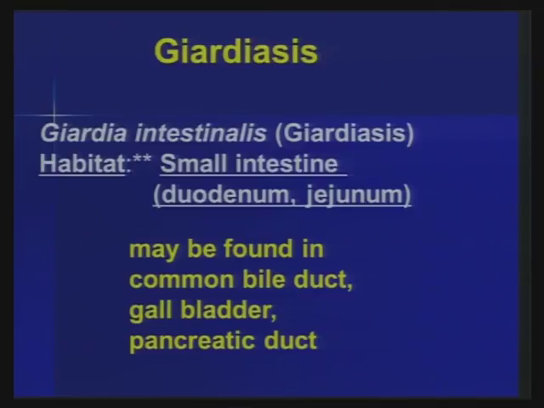So remember where they are, so you know the signs and symptoms. I always say, understand the life cycle well, so you know how they produce symptoms in patients. We can also find this protozoa in the common bile duct, gallbladder or pancreatic duct. In heavy infections, they can spread from the habitat to other sites too, but it's not very common. The common place is the duodenum and jejunum.